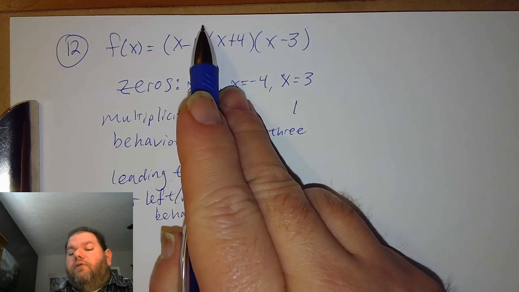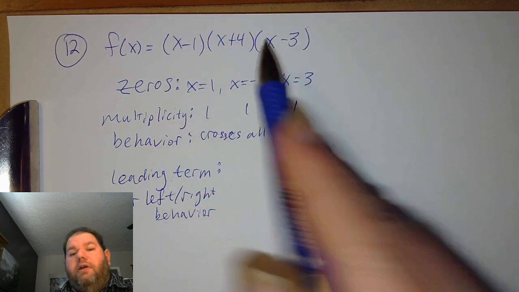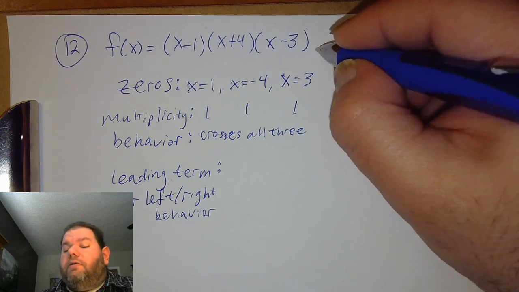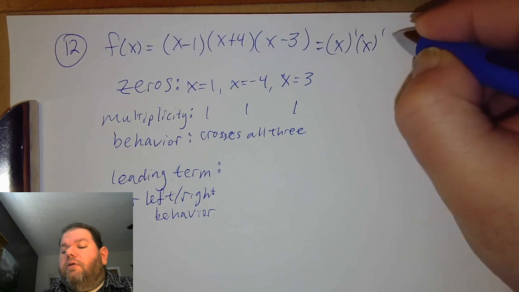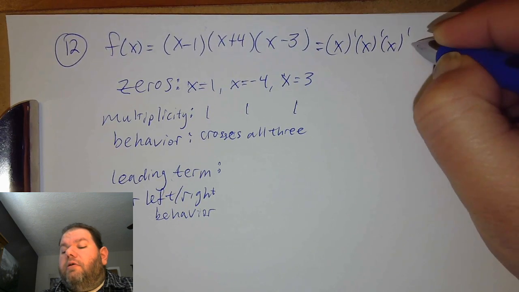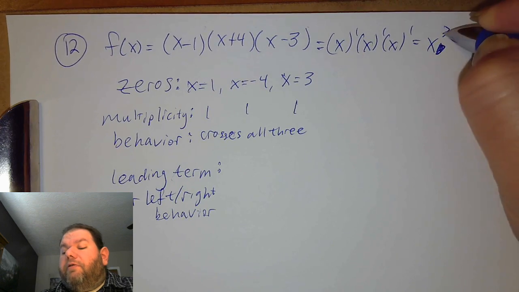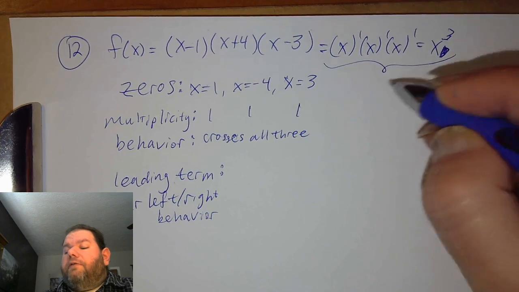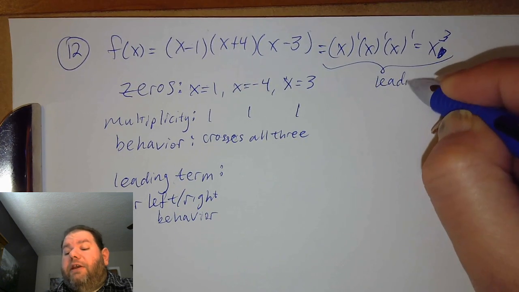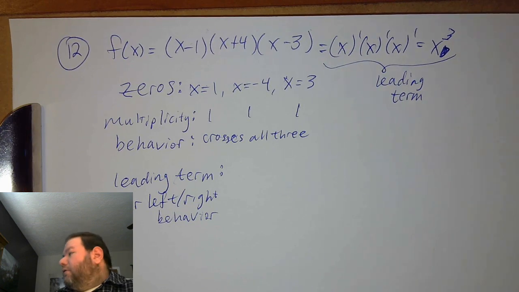Yeah, these are all to the first power, so it's x to the first, x to the first, x to the first, so x cubed. I don't know why I wrote it as a subscript instead of a superscript. Okay. And again, this is just for the leading term. It's not that it's actually equal to that, but that's how we find the leading term.